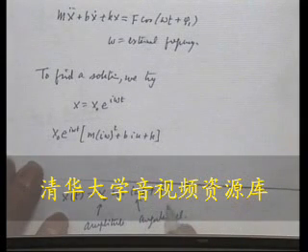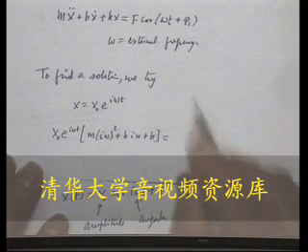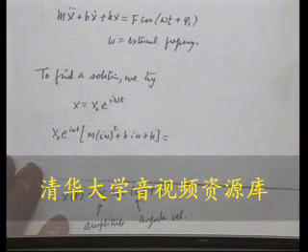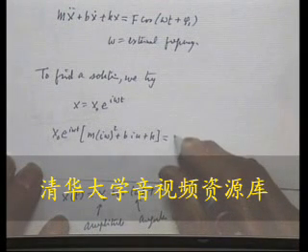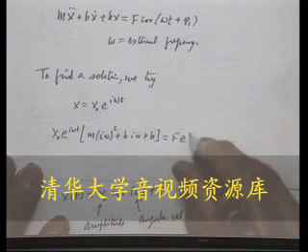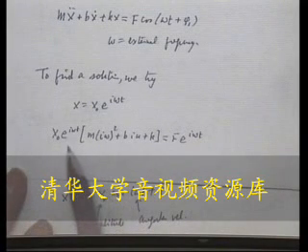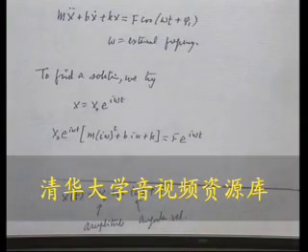That's the left side. And the right side, I told you that we are going to worry about the complexity afterwards. So we now just write f exponential i omega t. That's a brilliant idea, because both sides have exponential i omega t.